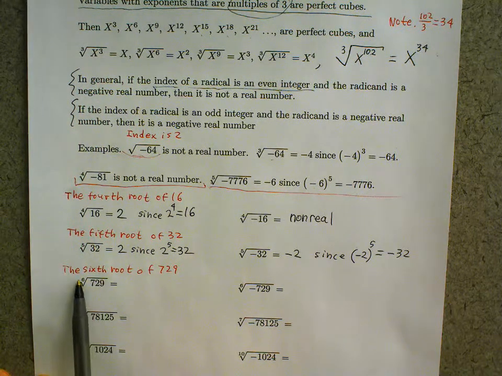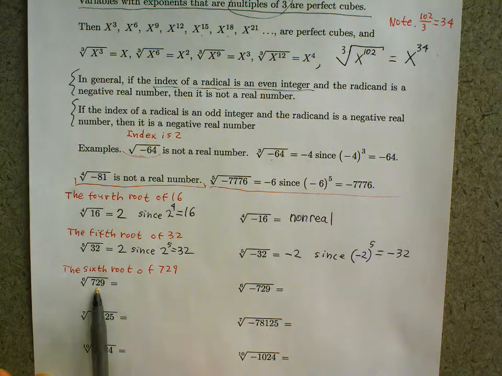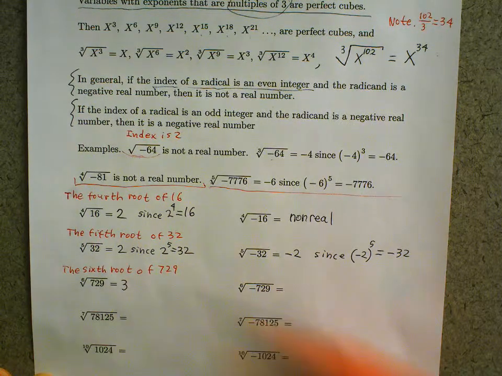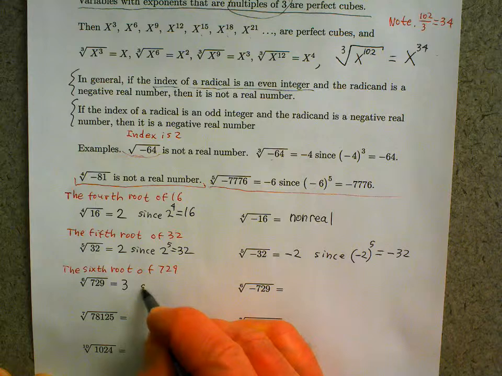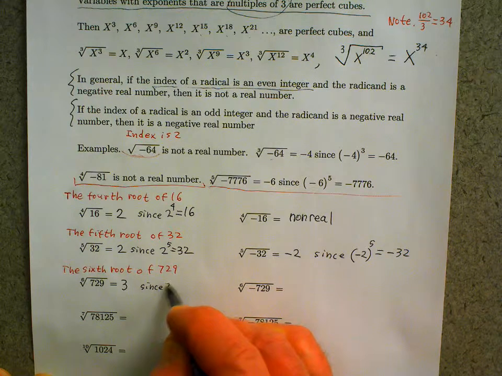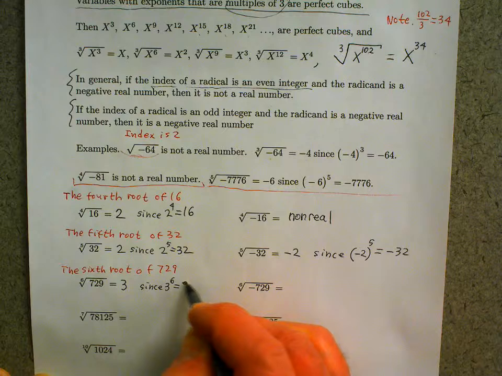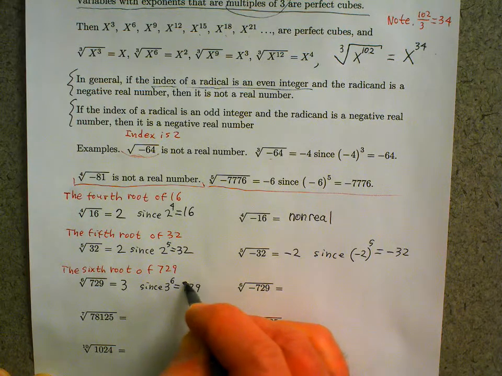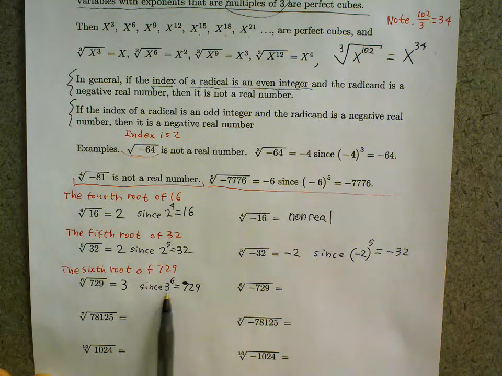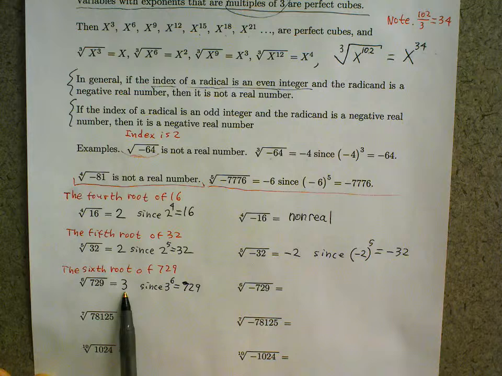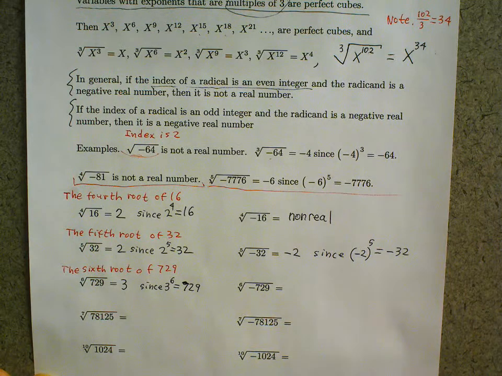So the sixth root of 729 is 3, since 3 to the sixth is 729. So 3 is not a very big number.